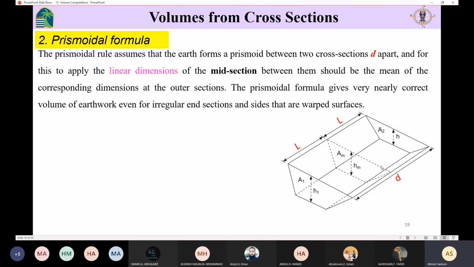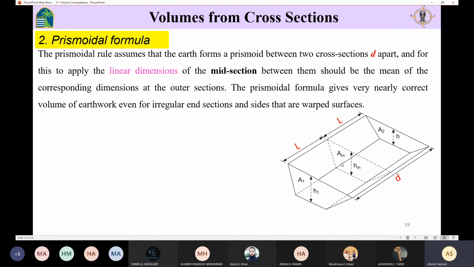So how do we form this mid-section? The mid-section is not the average area. The mid-section is the area whose dimensions are determined as the average of the dimensions of the first area and the second area. For example, the height of the midsection is going to be h1 plus h2 over 2, and the width is going to be the first width plus the second width over 2.